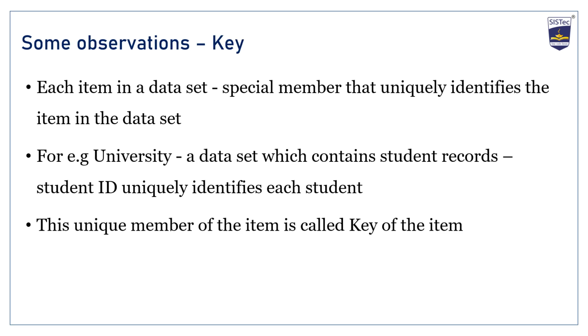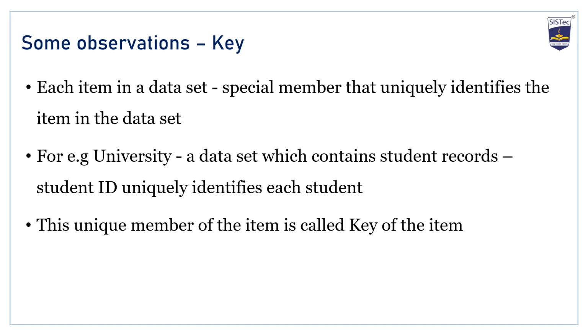Some observations: each item in a data set is a special member that uniquely identifies the item in the data set. Whenever we store any data in a computer, each and every piece of data will have one unique thing in it. Let's suppose we store a Word file; we'll give a name to that file.